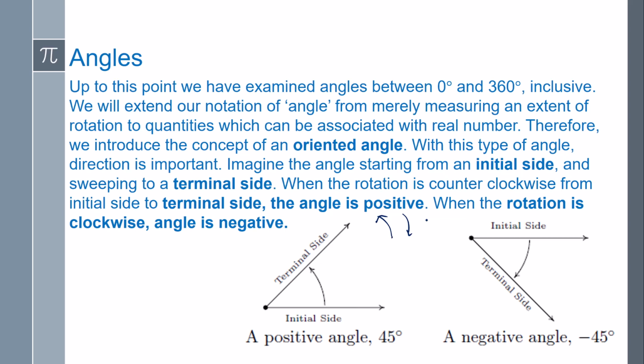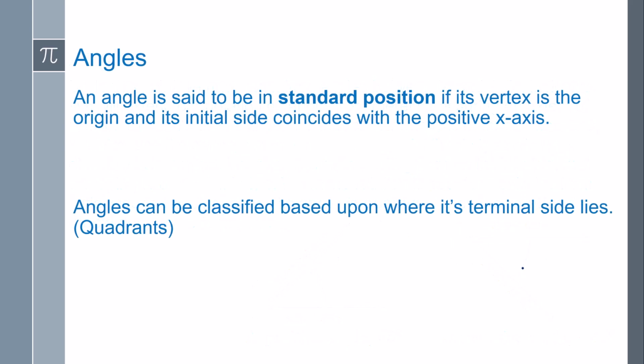So if we go counterclockwise, we would say that that's a positive rotation. And if we go clockwise, that's going to be a negative rotation. So if I started here at my initial side and I rotated this way, that's a positive rotation. If I started here and I rotated this way, that's going to be a negative rotation.